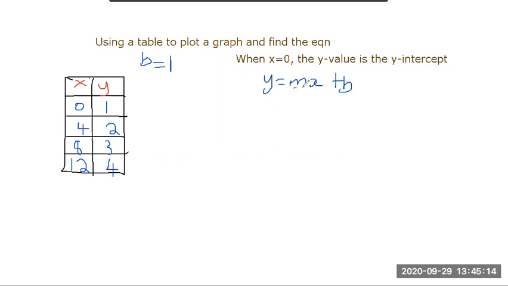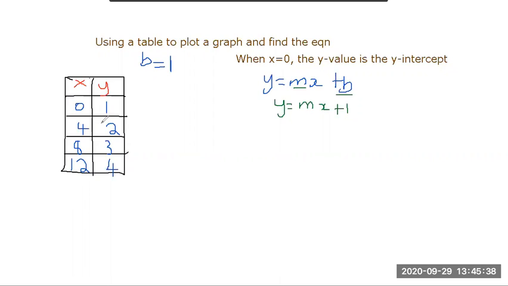So now we just need to find what m is. So we're really just trying to find slope. Y equals mx plus 1. All right, I'm going to come down here because I want us to look at the graph, and I'm going to show you what I'm talking about.